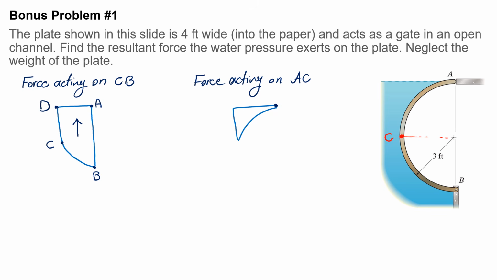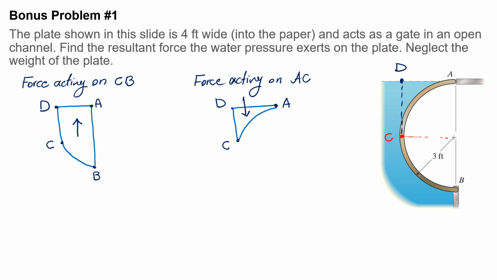Now, naming the points, this is A, this is D, and this is C, right? So if I want to show you, D would be over here. There we go. And the direction of this force would be down in this direction.